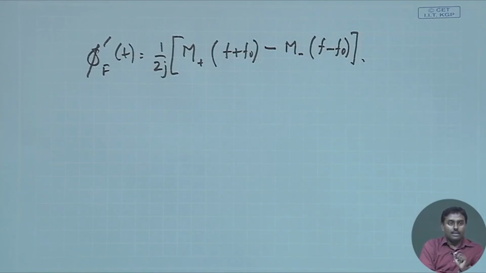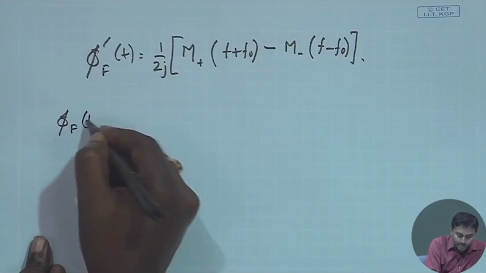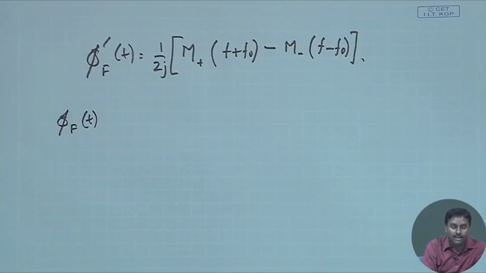So, now these two terms have to be multiplied with cos omega ct and sin omega ct. So, if I do cos omega ct multiplication, so immediately what do we get? Suppose the upper arm I am trying to do. So, that is the corresponding time domain signal, let us say phi f t, which has a frequency domain representation, we have already done that, which is phi f f.